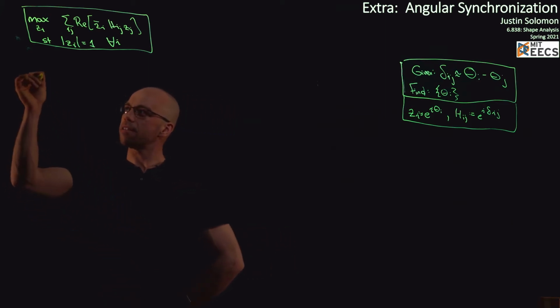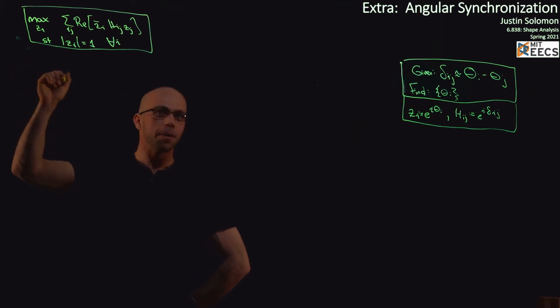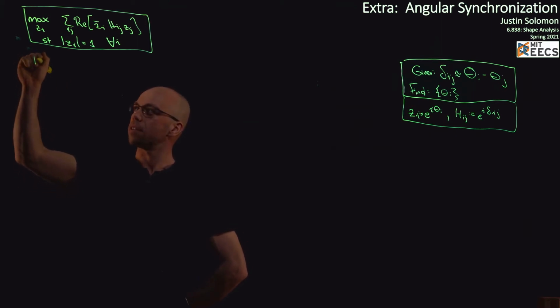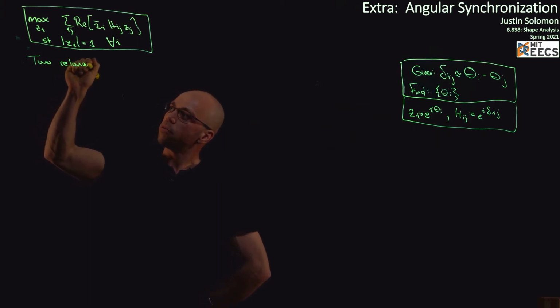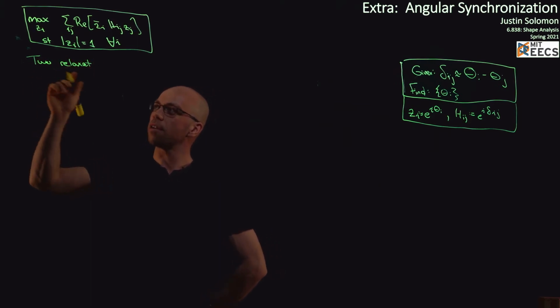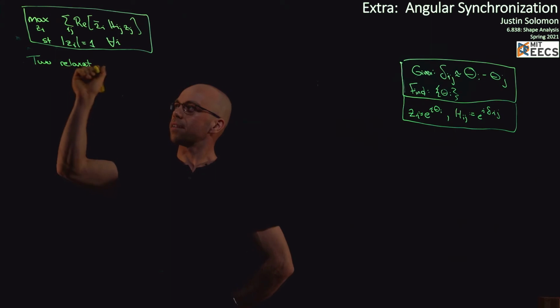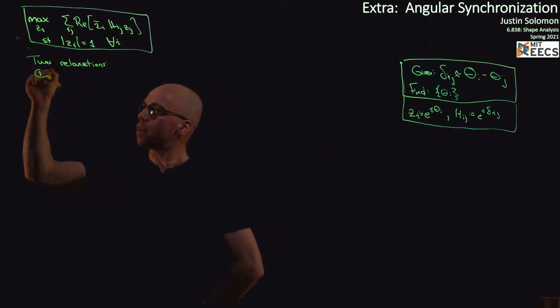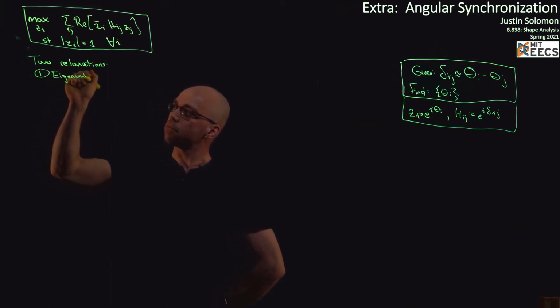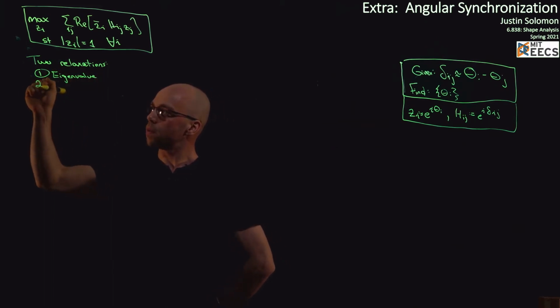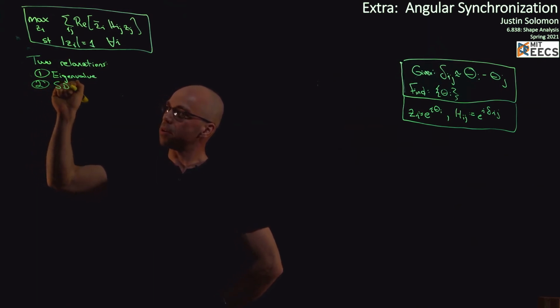In this Singer 2011 paper, they actually proposed two different relaxations of this problem. One of which is sort of easier to solve but weaker. Those relaxations are, one, using an eigenvalue problem, and two, using a semi-definite program.